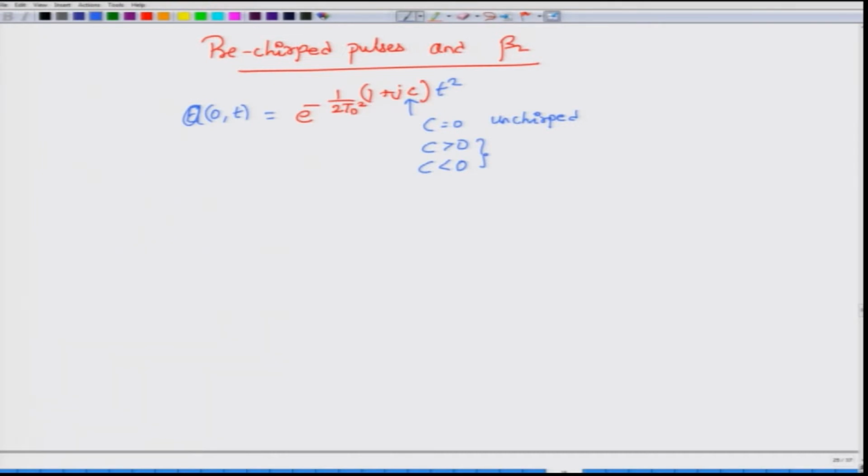I am not going to carry out the mathematical details. The mathematical details are essentially the same. You have to take the Fourier transform of this one, multiply it with the transfer function of the fiber, and then take the inverse Fourier transform.